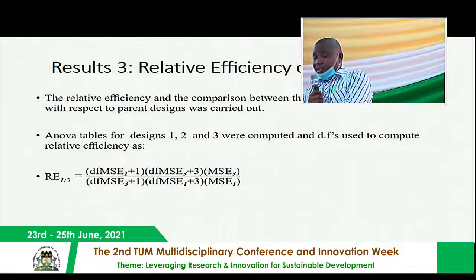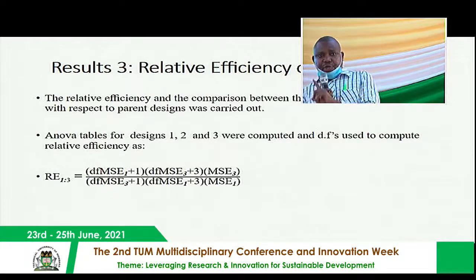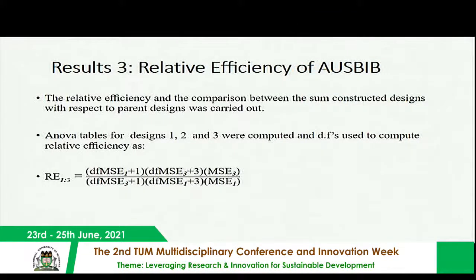We based this on the degrees of freedom of the outcomes of the analysis of variance table that we generated from the data set that we used. And what we got here was comparing how the new design performs with respect to the parent design where they were generated from. So you can check the formula that we used is there.